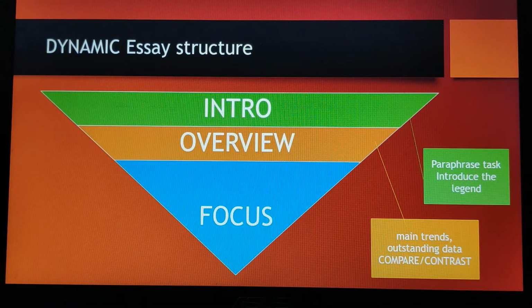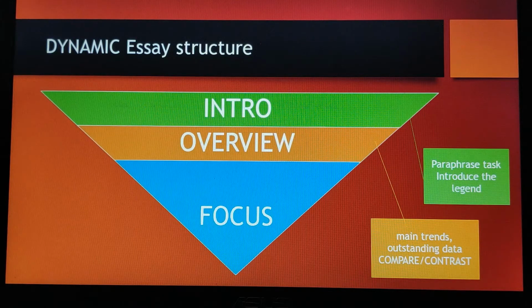Main trends are what is happening in general: if the item has risen, or fallen, or fluctuated in general, like the start and the finish, in the dynamic.